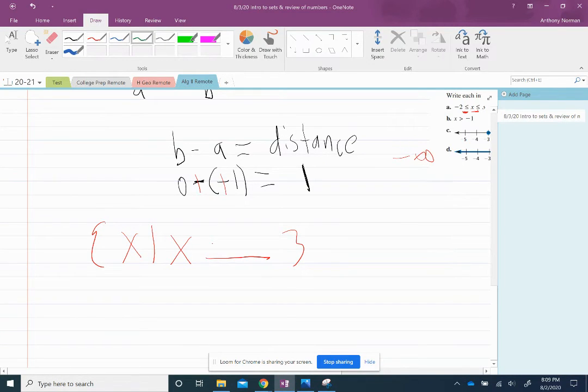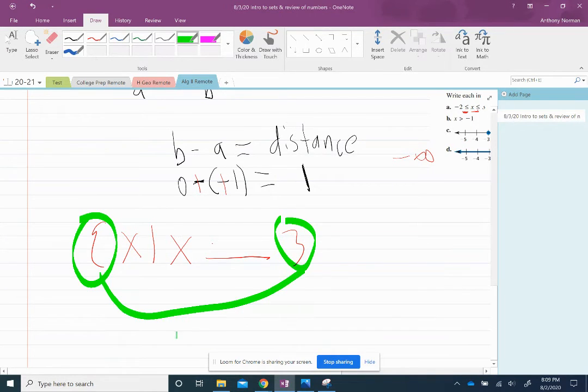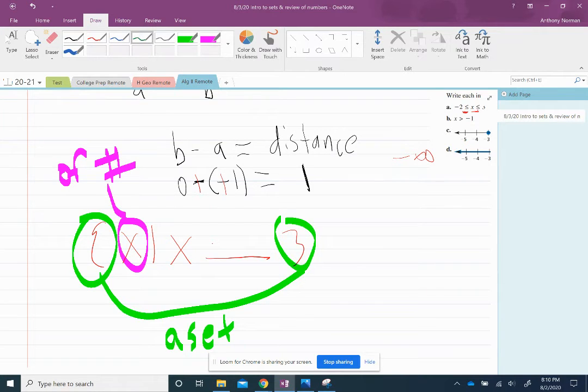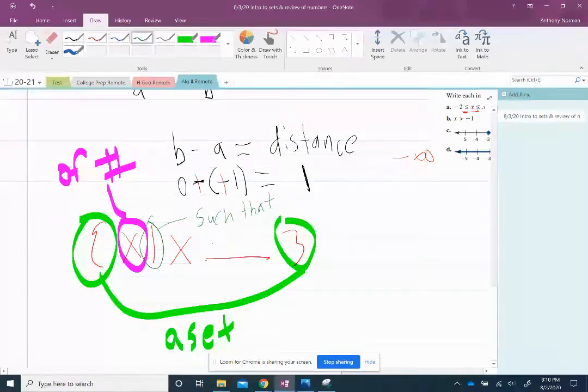So again, these just mean a set. This part just means of numbers, such that, those numbers.